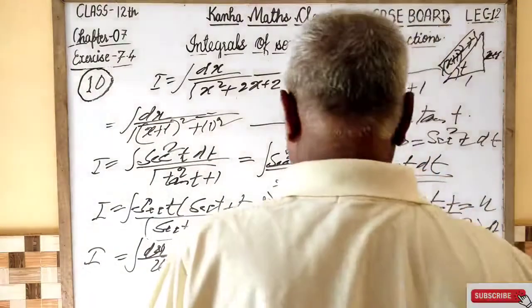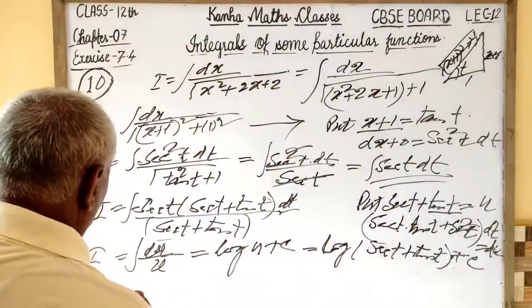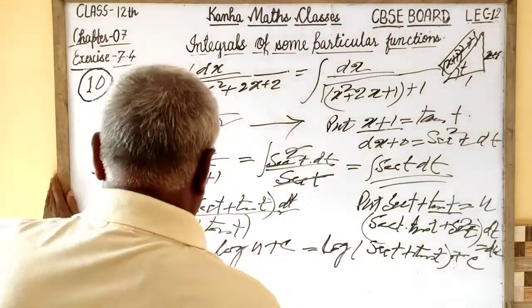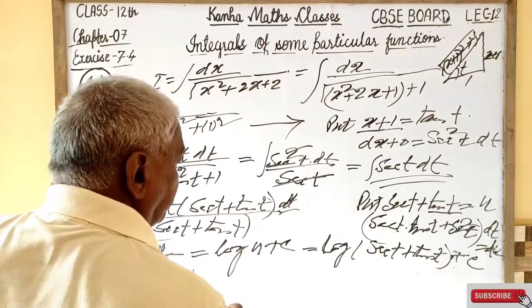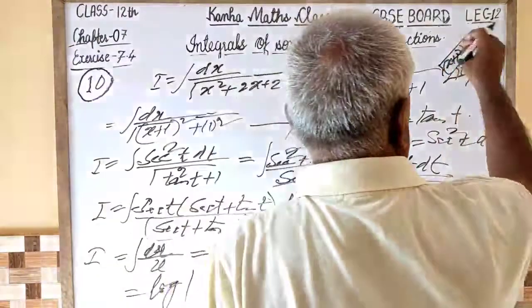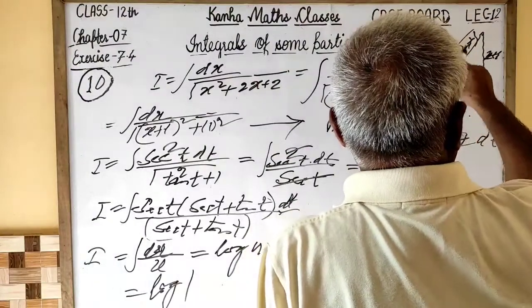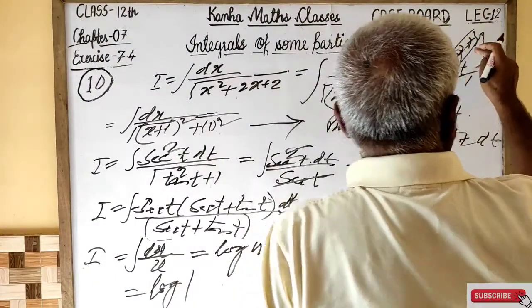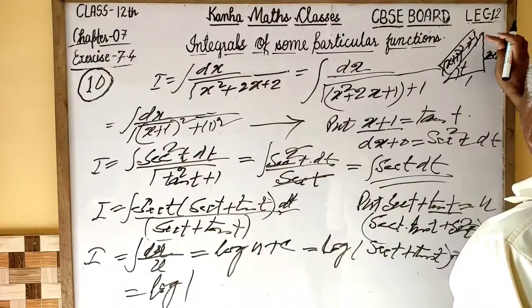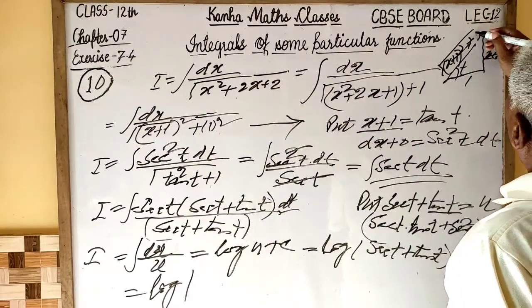Now we will write here log of sec t. Sec t means hypotenuse upon the base, that is under root x plus 1 whole square plus 1.